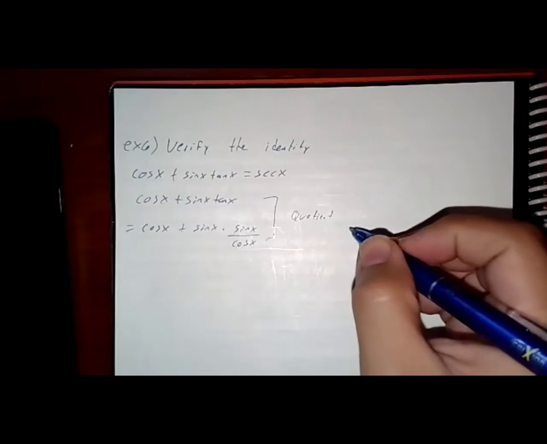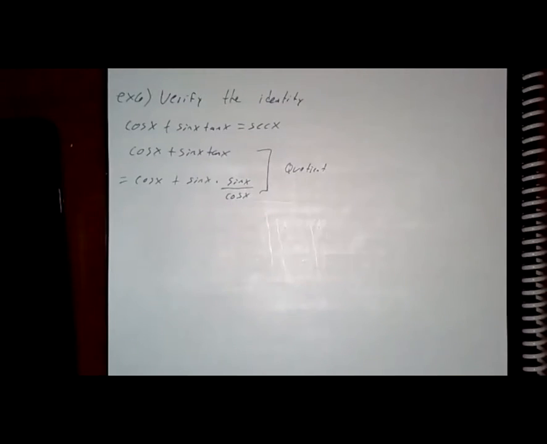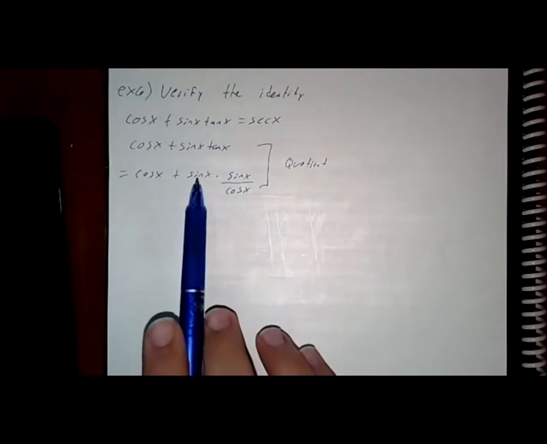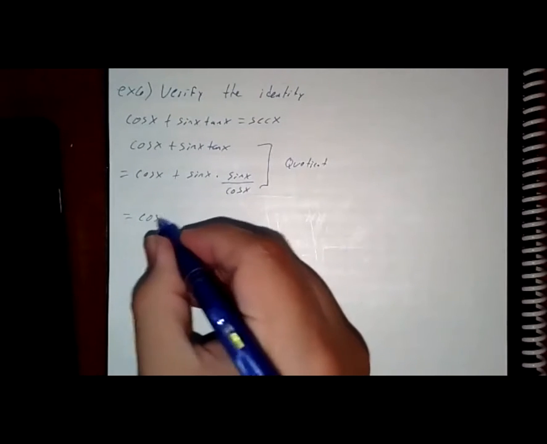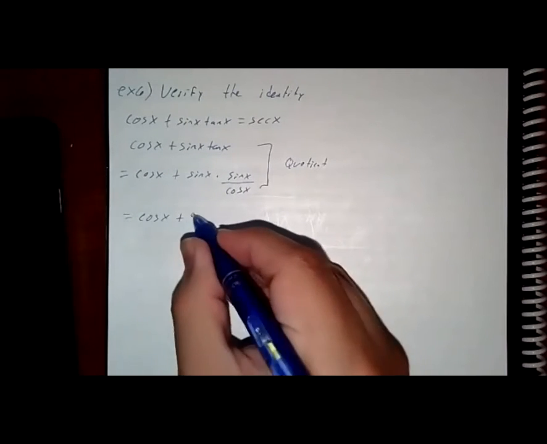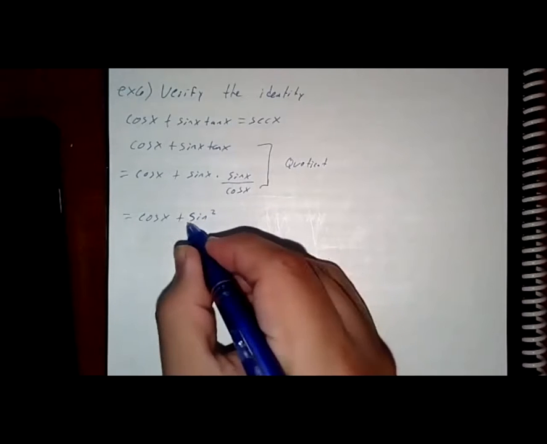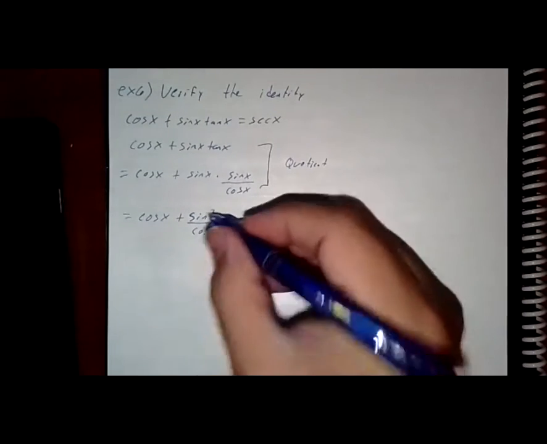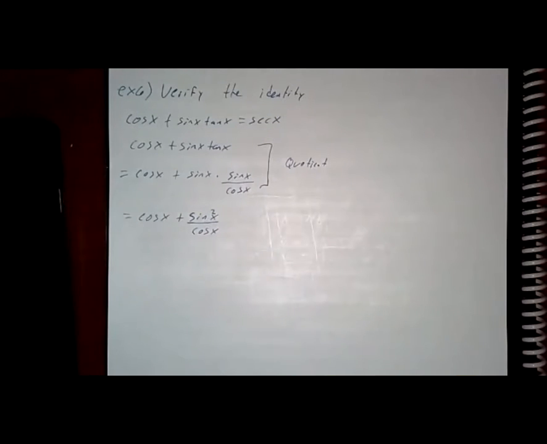Is that the best way to do this? I have no idea. I just decided to try something and see how it goes. So tangent is sine over cosine. Sine times sine will give me something different, sine squared over cosine, right? I forgot my x there.